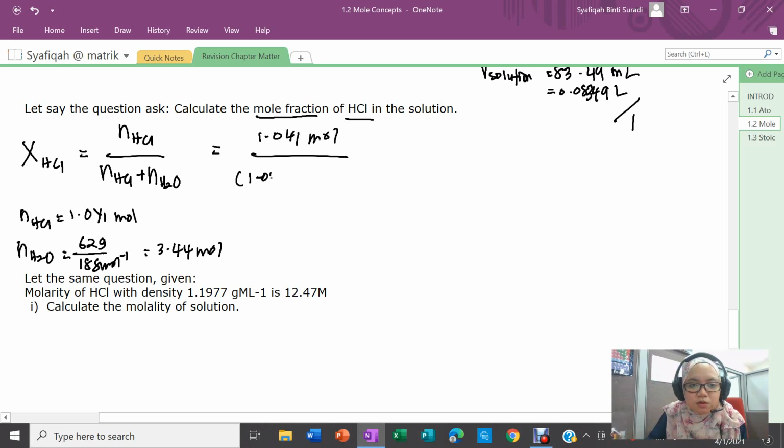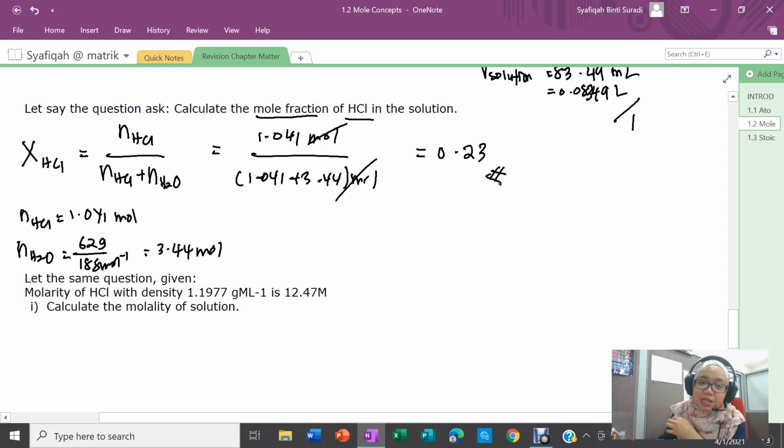Equals to. Okay, so you will get this. Sebab apa? Mole cancel. So, tak ada unit untuk mole fraction. Bear in your mind, mole fraction has no unit. Okay, so bahagikan dia, you akan dapat jawapan 0.23. So, this is how you calculate mole fraction lah kalau soalan tanya.